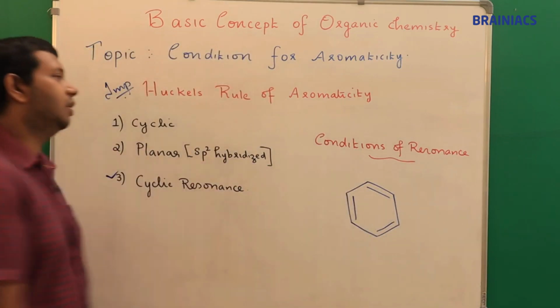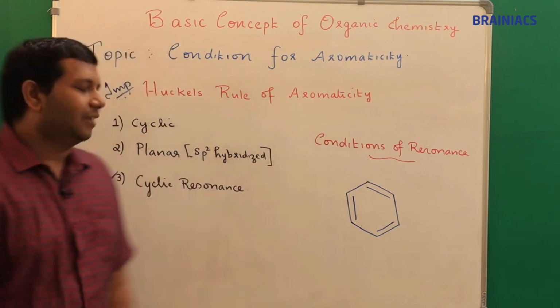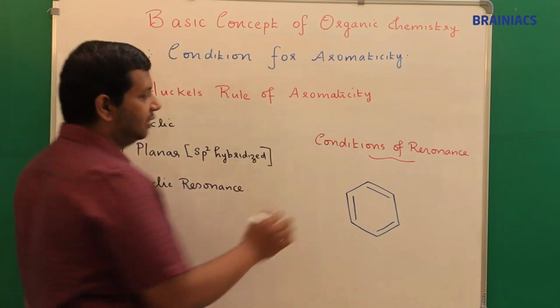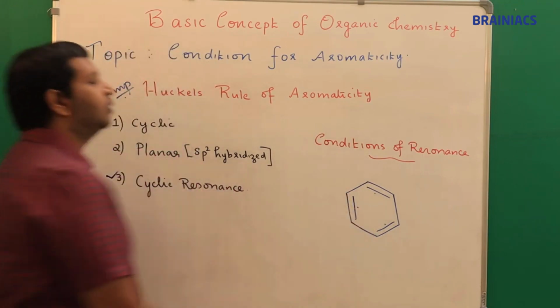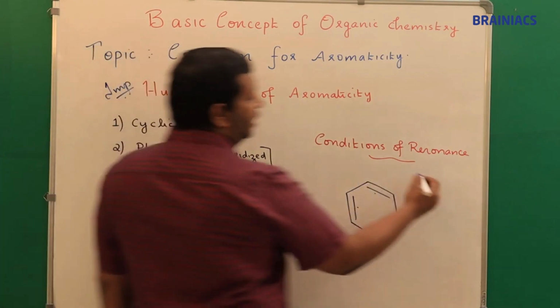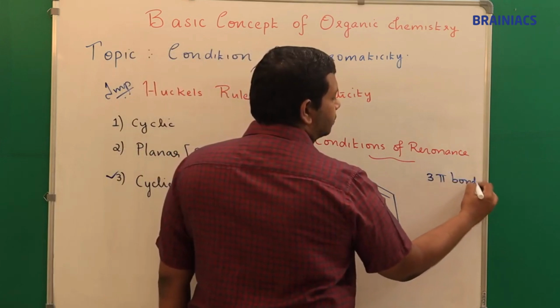Now the most important question here is, sir, does benzene have resonance or not? Very good question. Listen. The condition for resonance, I told you. Like this is my pi bond, this is one pi bond, this is another pi bond, this is another pi bond. So totally how many pi bonds are present in benzene? I can say 3 pi bonds are present in benzene, 3 pi bonds.